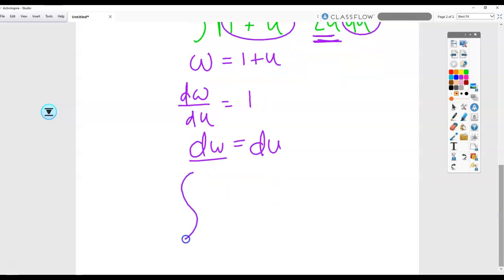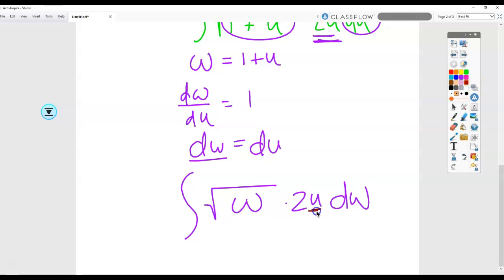So here we go. It's going to be, I believe, the square root of w. Then we have a 2u and then a dw. So I'm still not quite happy yet because we still have a u in there and I need everything to be the same letter. I can't have that u there. So what do we do? We come back up to this thing here and we get the u by itself.